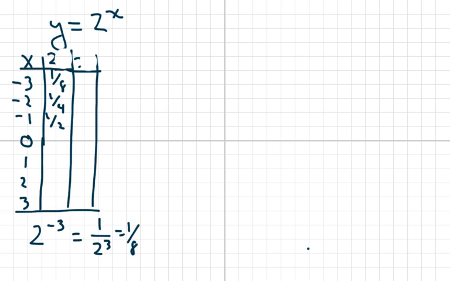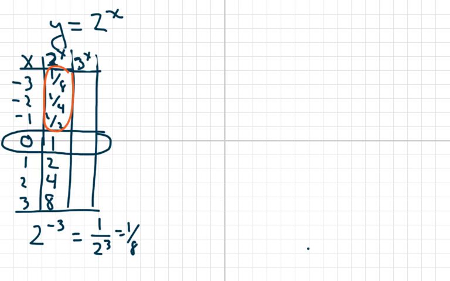Let me rewrite this as 2 to the x, and then we were going to do 3 to the x on the same page. 2 to the 0 equals 1. Remember, this is your y-intercept. Okay? And then we have 2 squared is 4, and 2 cubed is 8. So you can kind of see the reciprocal part going with the negative exponent and the positive exponents.